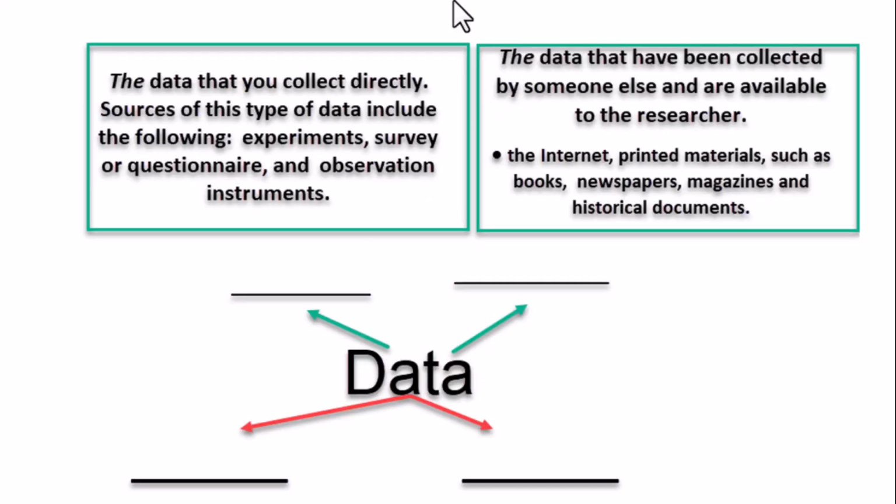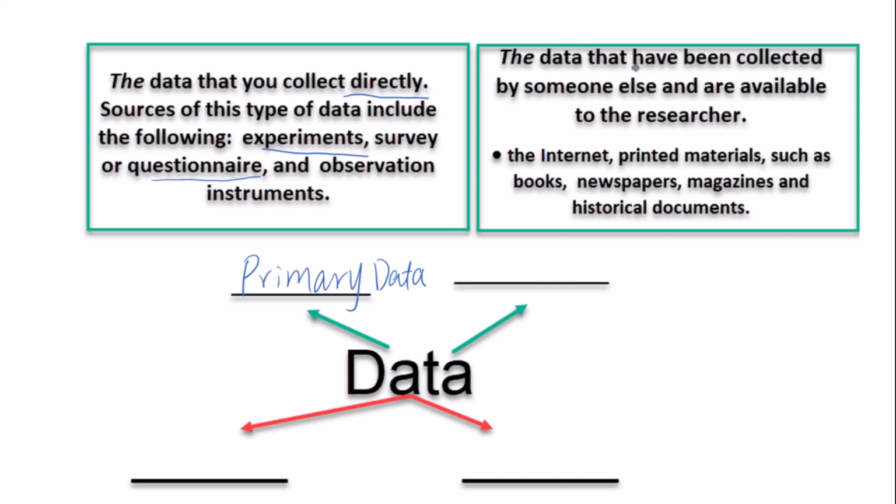There are different types of data. The data that you collect directly. Sources of this type of data include the following: experiments, survey or questionnaire, and observation instruments. We call this kind of data primary data.